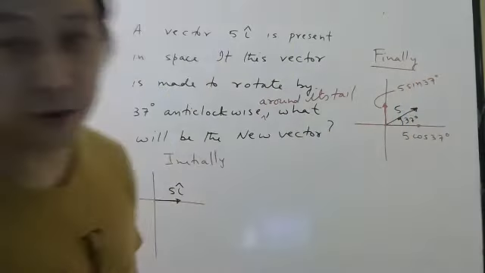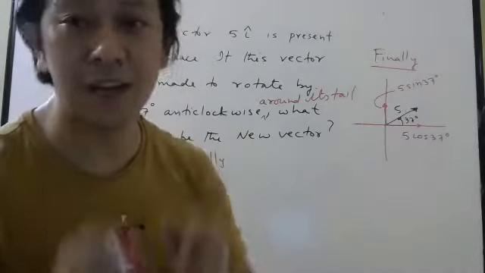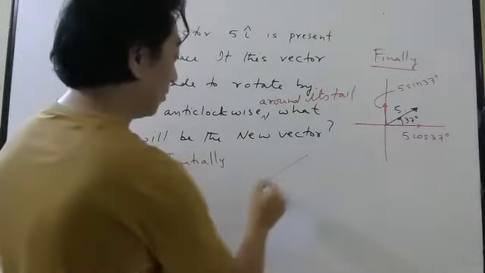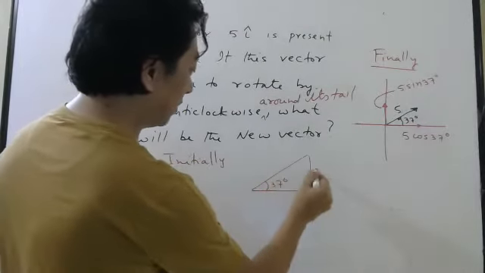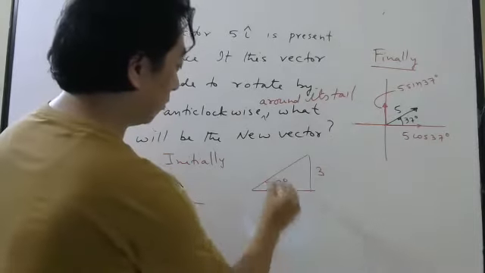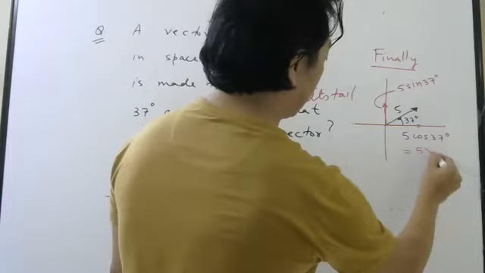That day I told you 37 degrees and 53 degrees are very good angles for us. If this is 37 degrees, the opposite side will be 3, the adjacent will be 4, and the hypotenuse will be 5. So the x component is 5 cos 37.